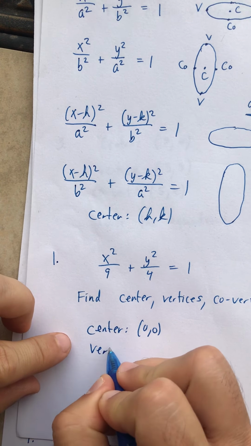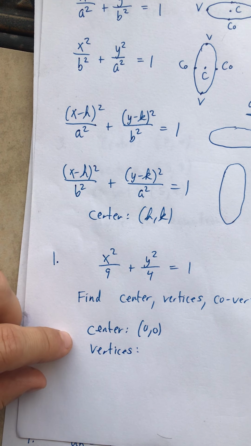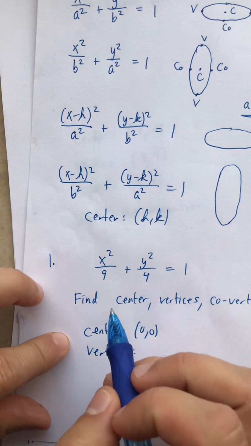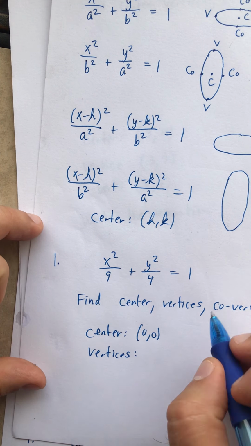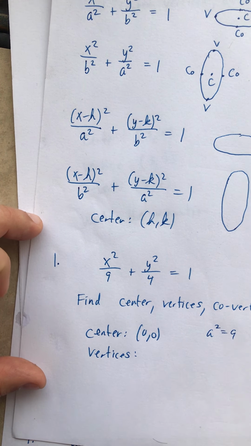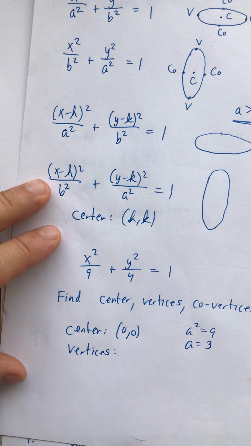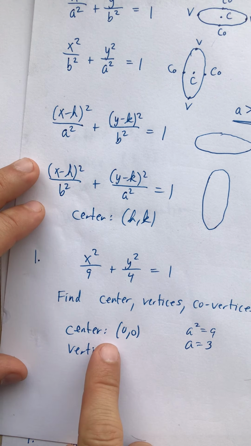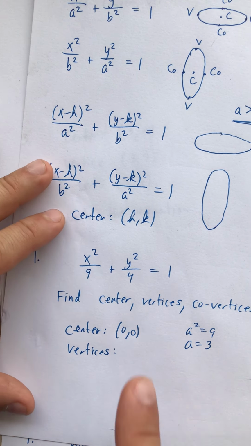Now I want to know where the vertices are. To get the vertices, I need to know the value of a. So a squared is always the larger number. 9 is a squared. A squared is equal to 9. If a squared is equal to 9, that makes a 3. So that means that the vertices are 3 units away from this center.